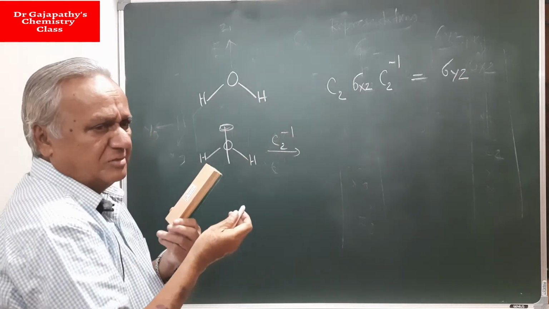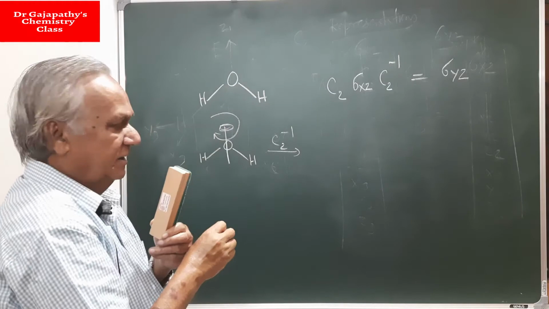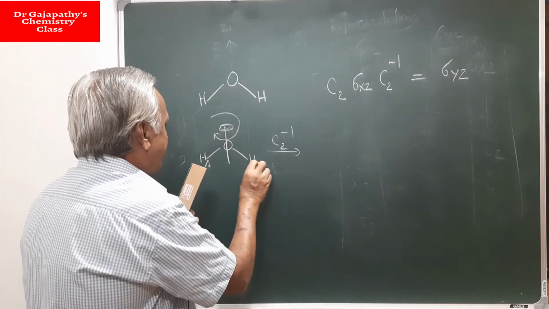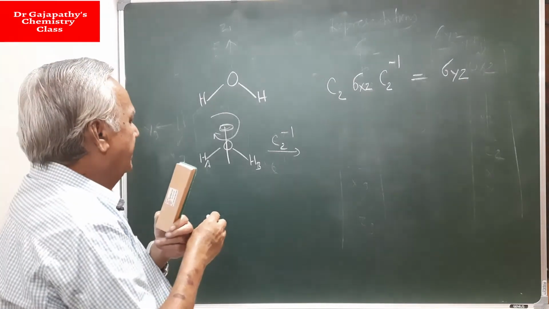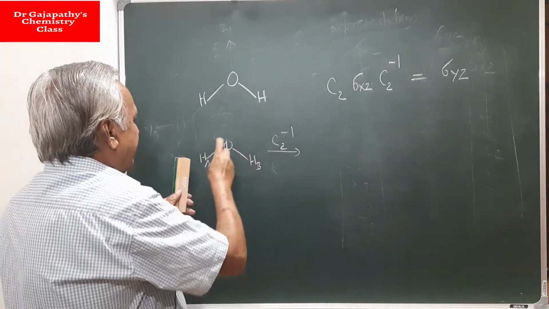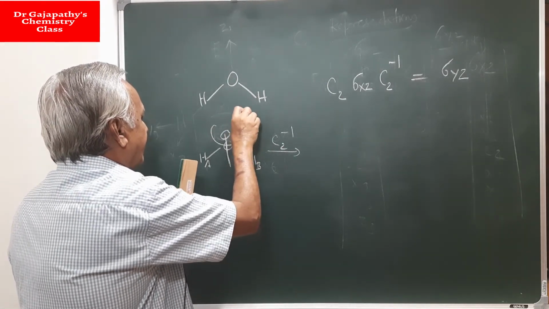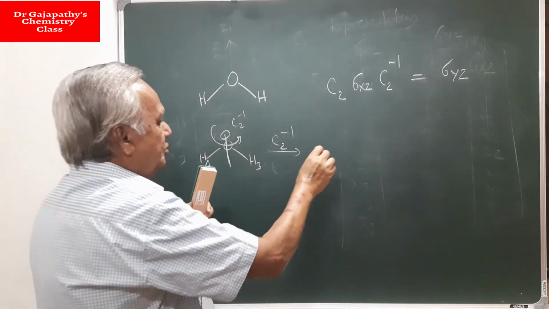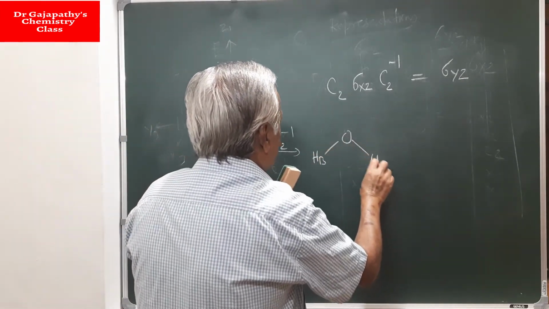C2 inverse is nothing but rotating in the counterclockwise direction by 180 degrees. To identify what happens, I am labeling the atoms A and B. If this is the clockwise direction, C2 inverse will be the anti-clockwise direction. If I do so, I will be getting B here and A here.